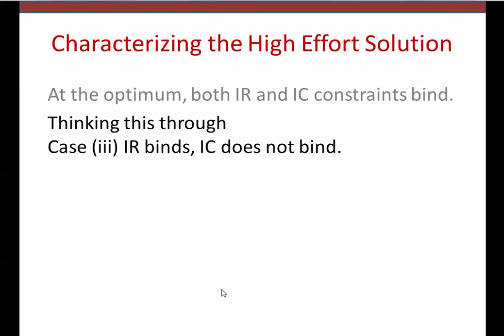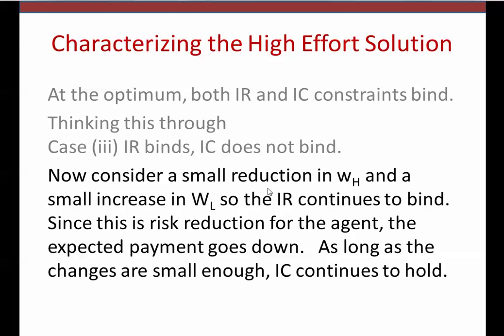Now we're going to look at the last case where the individual rationality constraint binds, but the incentive compatibility constraint does not bind. We're going to look at a different way to make things better. We're going to reduce WH by a little bit and increase WL just so the IR constraint binds.